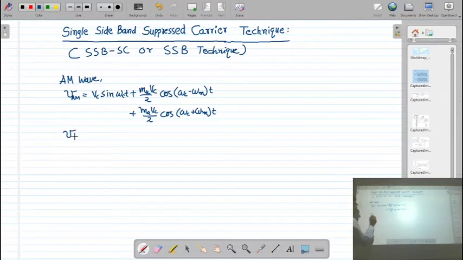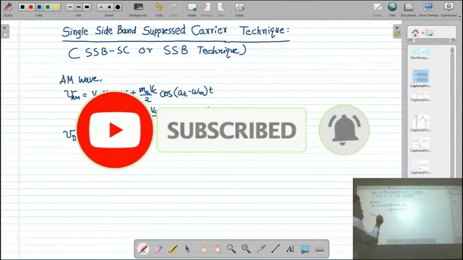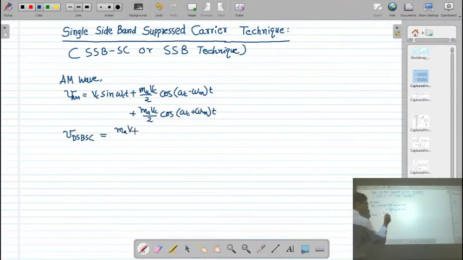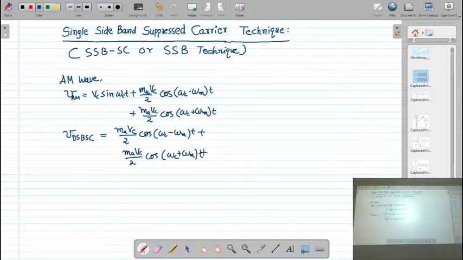The expression is given as Ma Vc by 2 cos (omega c minus omega m) t plus Ma Vc by 2 into cos (omega c plus omega m) t. Now let us see what is the difference in these two techniques.